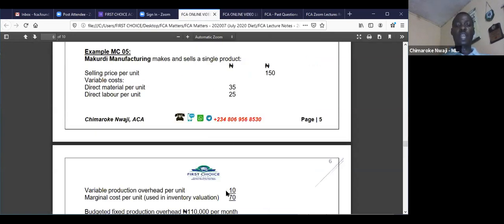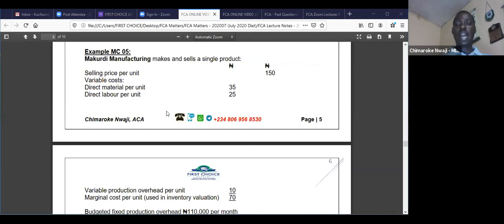We were told that our selling price is 150.